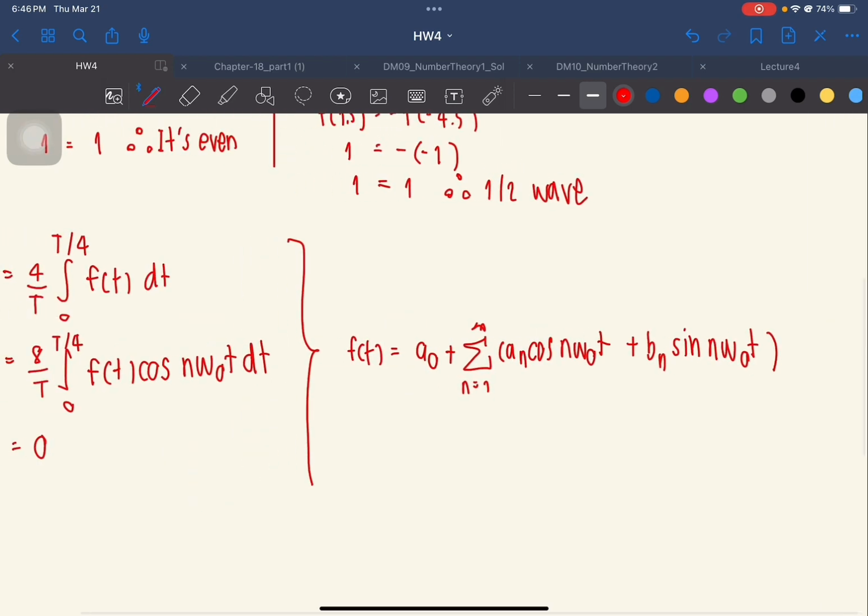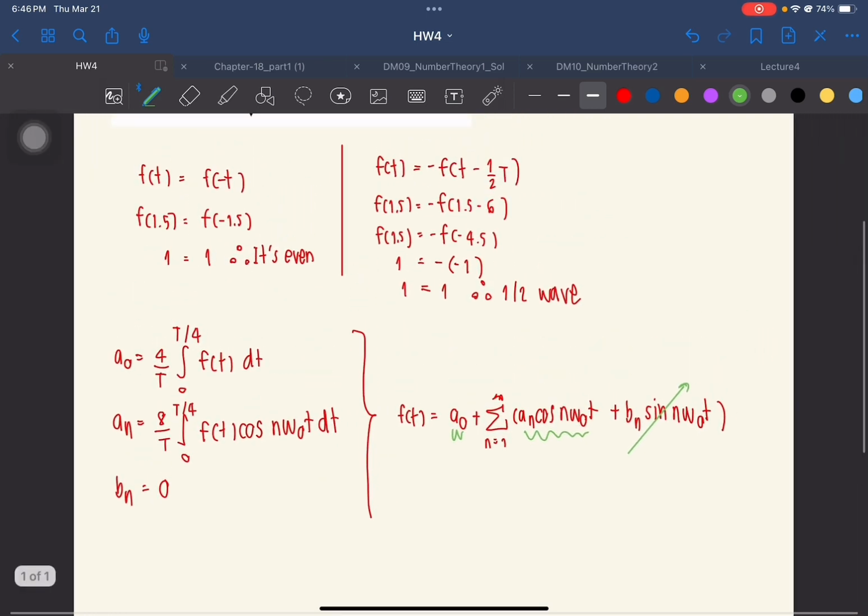Okay, but we know bn is equal to 0, so we don't need to think about this part. We think about this and this.